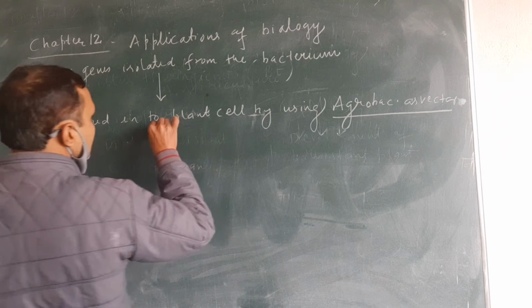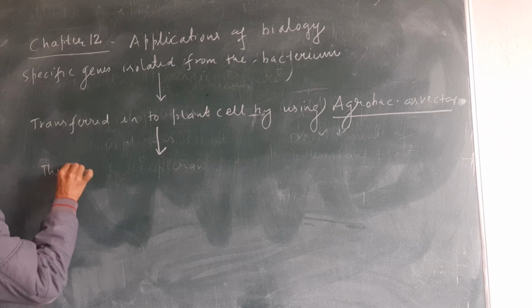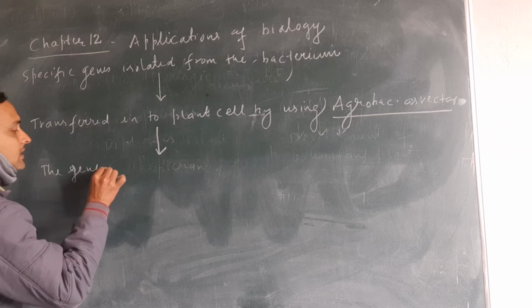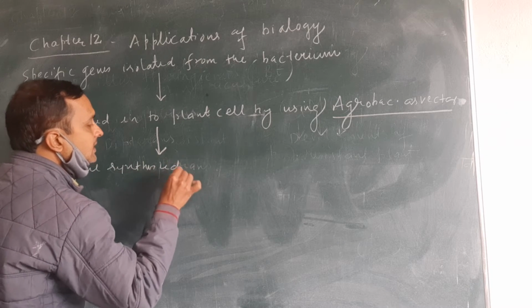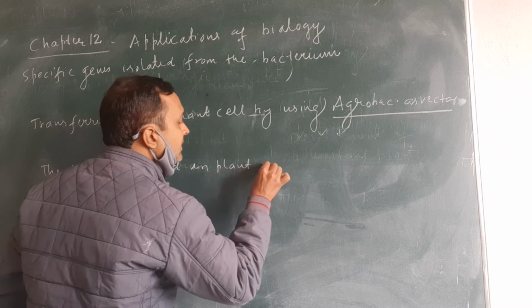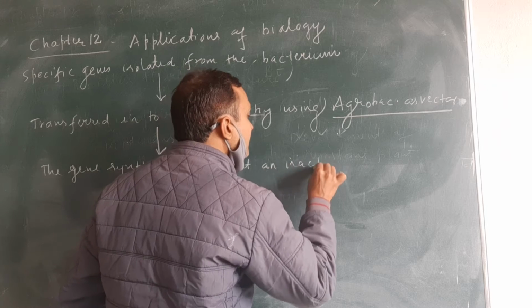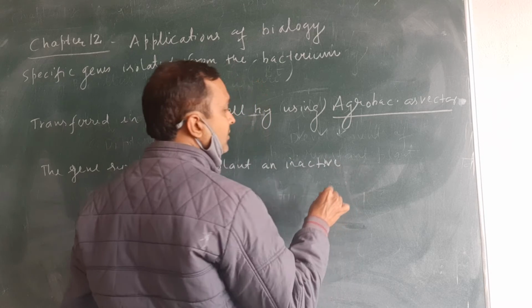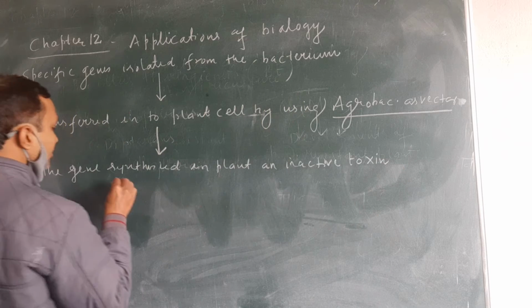Next step, when the gene is transferred into the plant cell, the gene synthesizes an inactive toxin called protoxin.